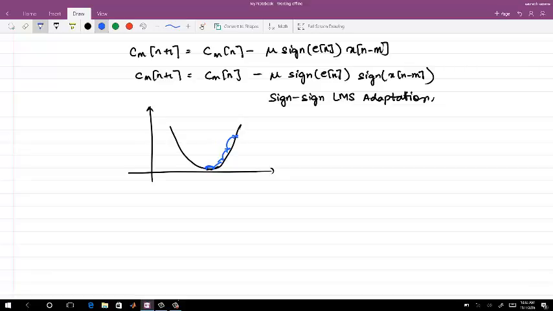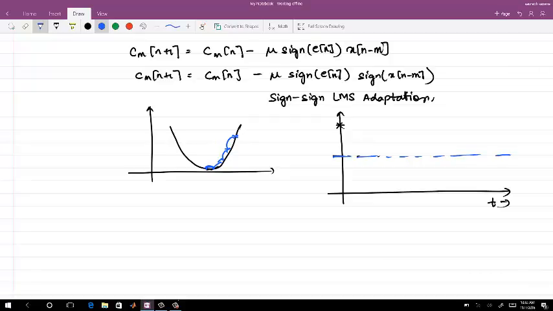Let's say you start with some coefficient, you can plot it. I'm plotting with respect to time. I start with a very high value of C of n, and let's say this is the ideal value for it to converge.